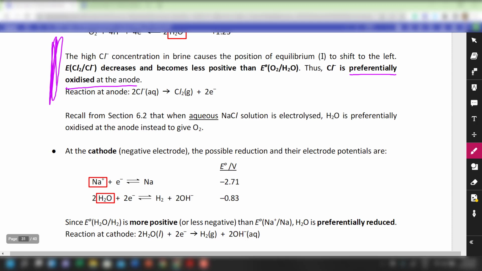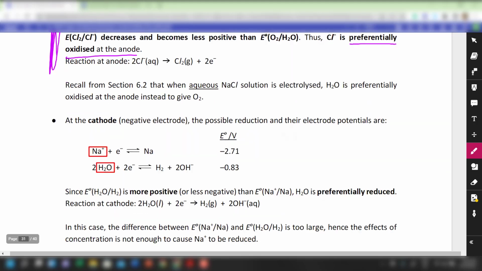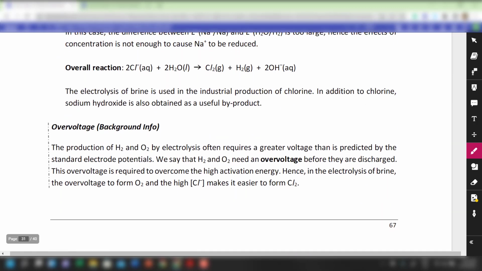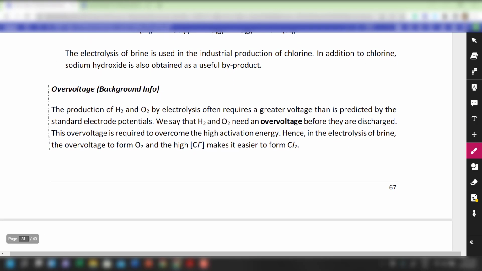As I mentioned, the reduction potentials of Na+/Na and H2O/H2 are too far apart. We all know from common knowledge that sodium is highly reactive and will immediately react with water if I put a piece of sodium in water. So we will never predict sodium being produced in an aqueous medium. Next we have background information on overvoltage.